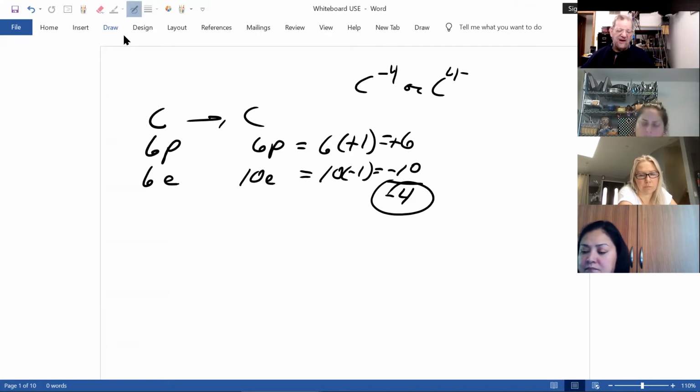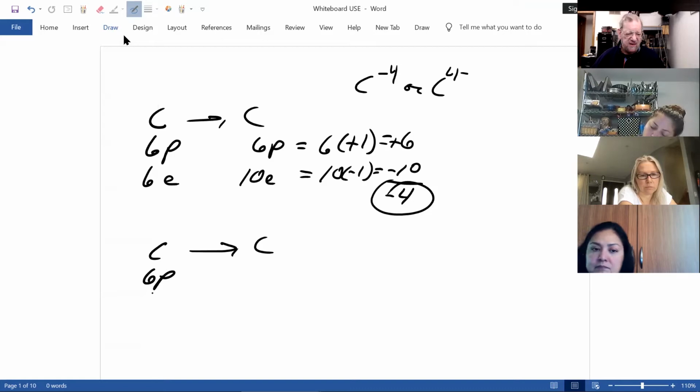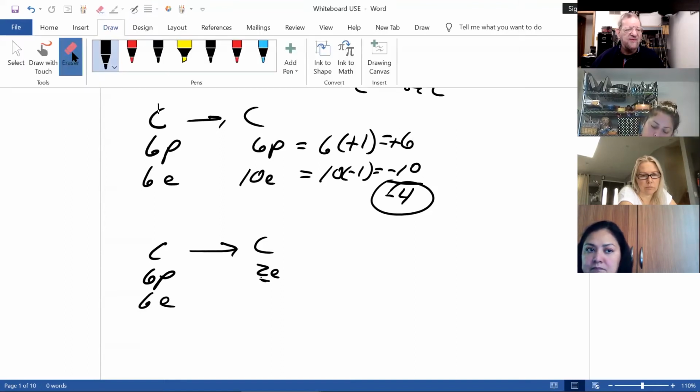Now, it could go the other way, and this is why I would never put this on a test. And also in real life, carbon alone doesn't form ions. It forms ions and molecules, but that's something I'm not teaching in this class. But if it did go to the nearest noble gas, which would be 2, let's see, I don't want to confuse you.